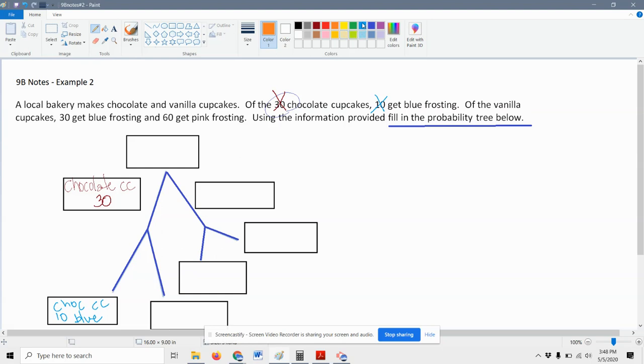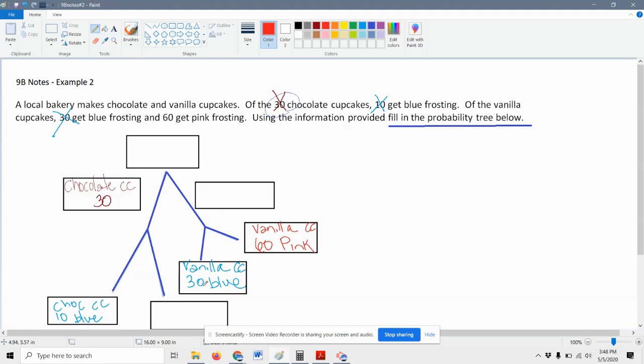So we're going to go ahead and put those numbers in. Blue frosting, these are vanilla cupcakes. And we know that 30 get blue frosting of those vanilla cupcakes, so we can cross that 30 out. 60 get pink frosting. So these are still vanilla cupcakes. And again, I really think it's a good habit to bring that down to this point here, and 60 are pink frosting.